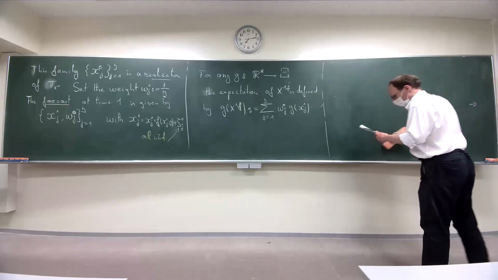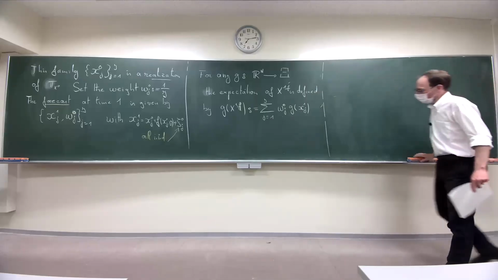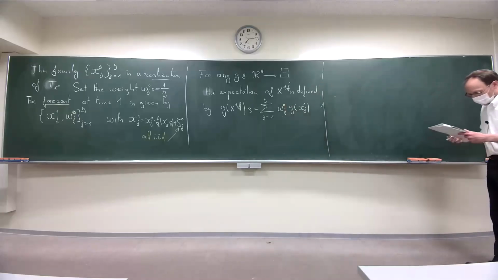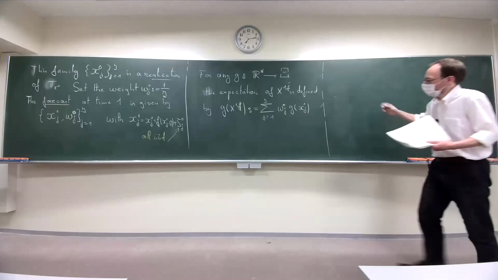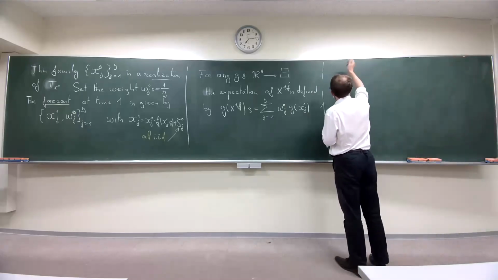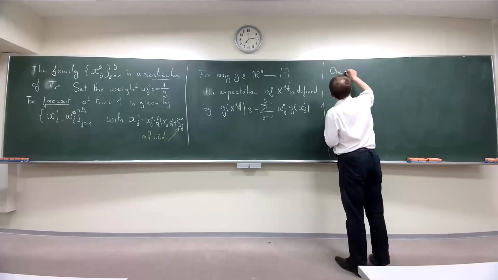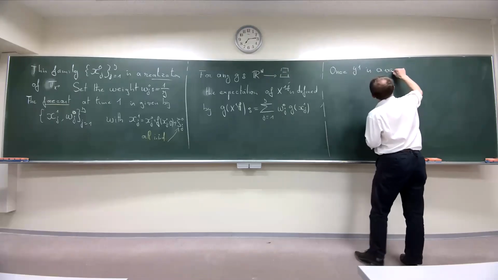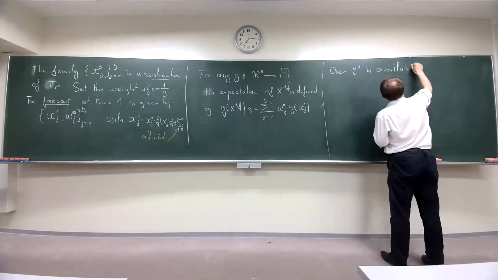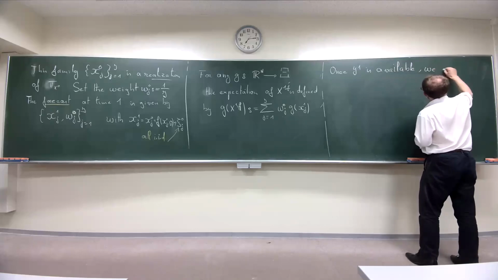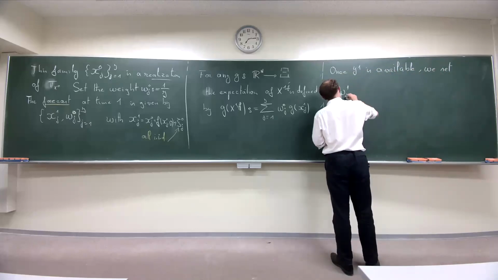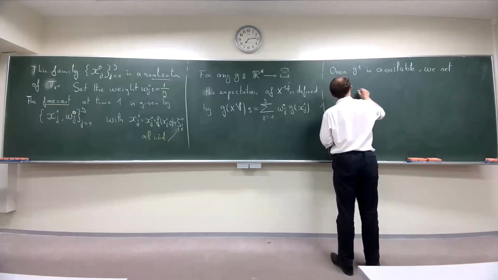And now I need to say what, so this is the focus before any observation. But now I suppose that y1 is available. Once y1 is available, we set the weight at time 1 associated to the particle.